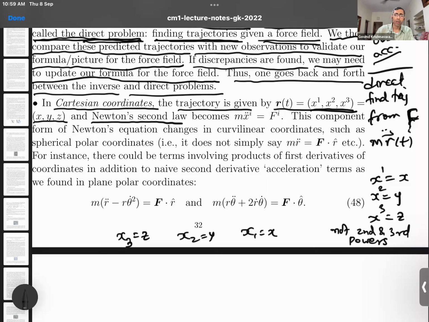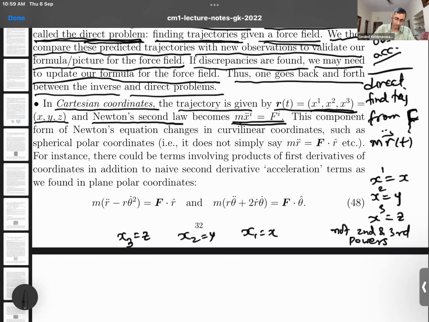What I want to look at more carefully is the form of Newton's equation itself. Newton's second law can be written in component form, because m x double dot is F in the x direction, m y double dot is the force in the y direction, and m z double dot is the force in the z direction. So the three equations can be combined into a single equation for i equal to 1, 2, 3.